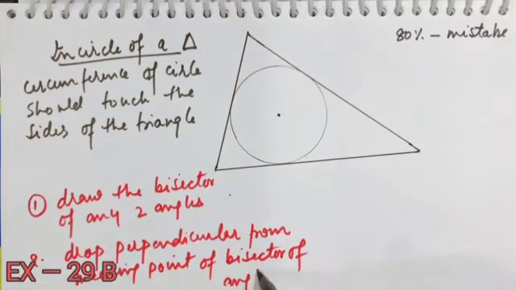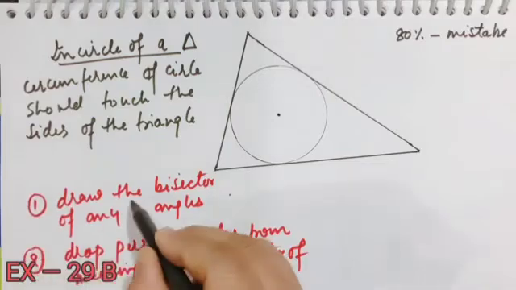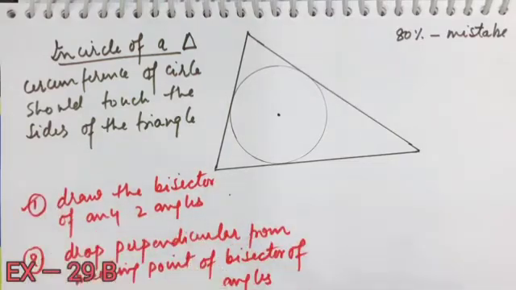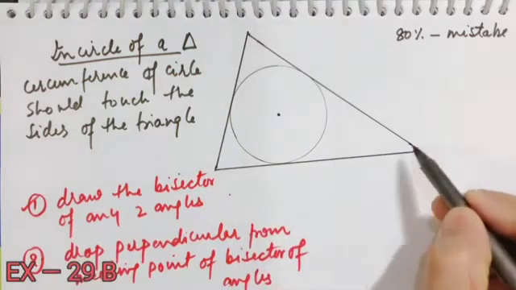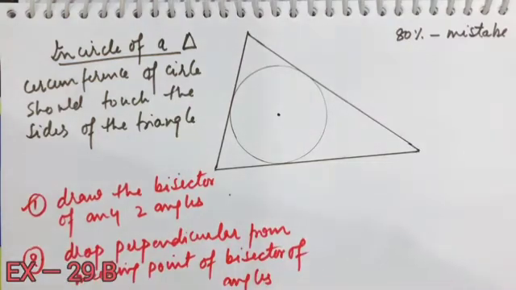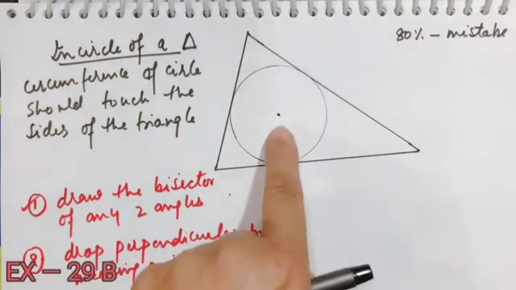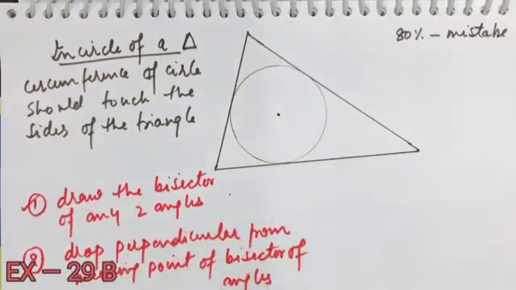ओके, देखते हैं. तो फर्स्ट our priority is to draw the bisector of any two angles. तो मैं ये एंगल और ये वाला एंगल को मैं लेता हूँ, isn't it? Let me see. I had already constructed this figure. Okay, just to show you.